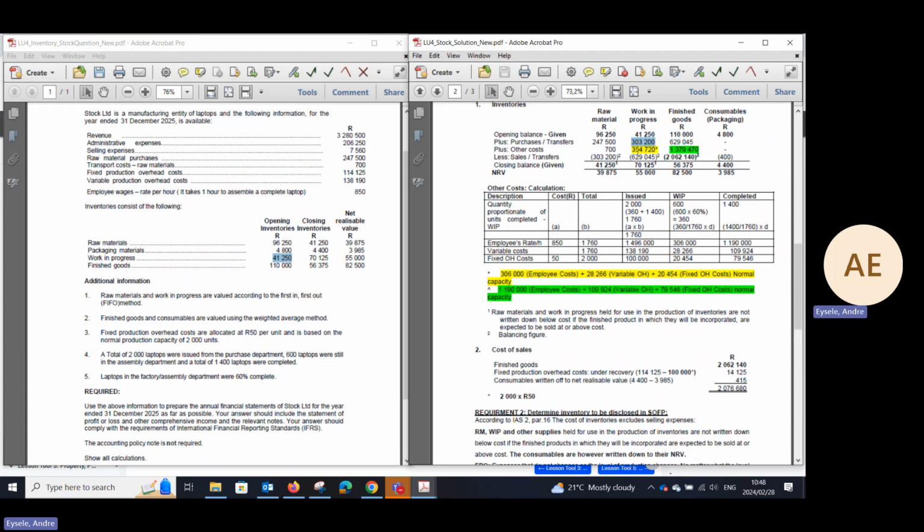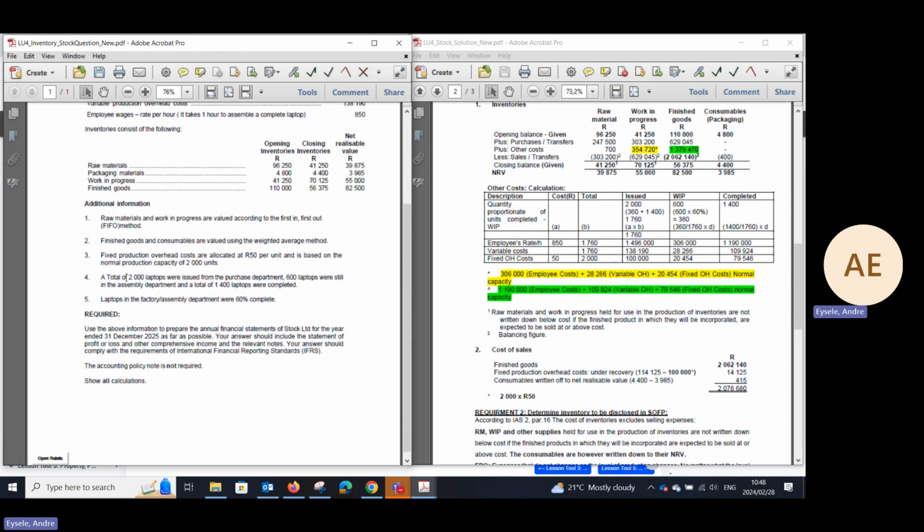Okay, then colleagues, we are dealing with the other costs, 354,720. What does that consist of? Now, colleagues, this is a very important section, because the additional information tells us that in your assembly department, we have a total of 2,000 laptops that were issued from your purchase department, and 600 laptops were still in the assembly department.